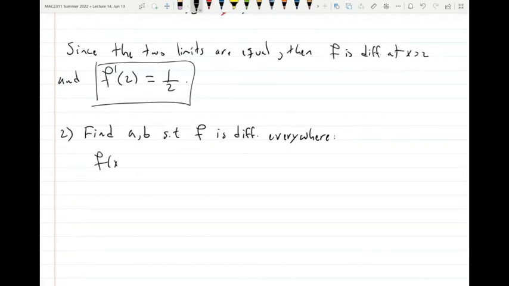And the function is f of x equals ax cubed for x less than or equal to 2, and then x squared plus b for x bigger than 2. I'm going to give you 5 minutes to try this problem. So remember, at the end of the day, your job is to tell me what must be a and b. The value for a and the value for b that would make this function differentiable.